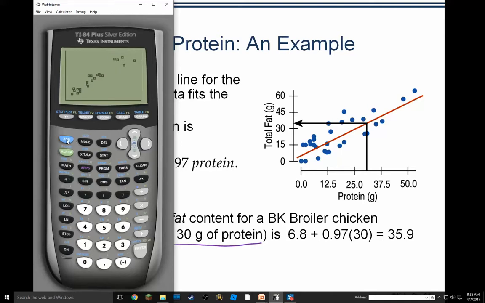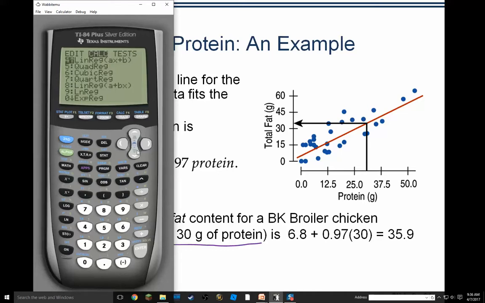What we want to do is find the least squares regression line of this data set. So we go to Stat, Calc, and all of these things that say reg are regression. There are lots of different types of regression. The only type we're going to cover in this class is linear regression.